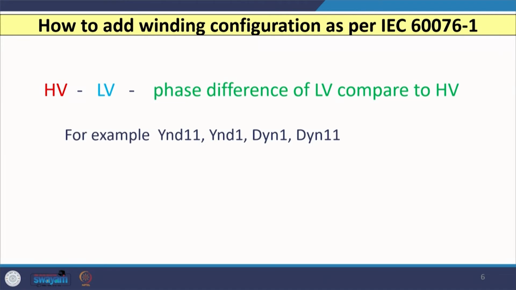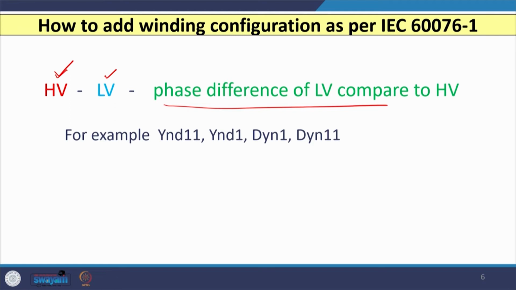As per this IEC 60076-1, first you always mention the HV winding, then you mention the LV winding, and after that you give the phase difference of the LV compared to the HV, and your HV winding is always considered as the reference phasor.